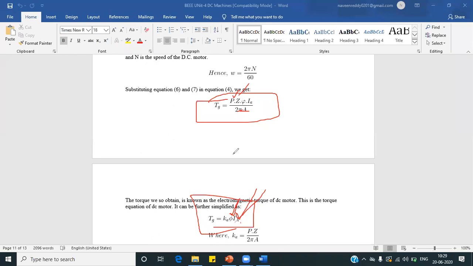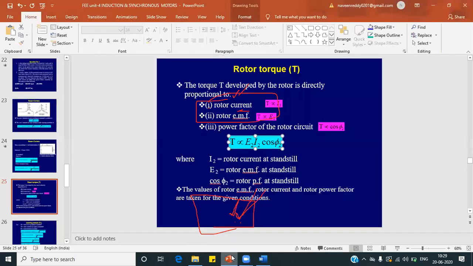Now let's get back to our PPT. See the induction motor torque equation: E2 is proportional to flux, and I2 and cos phi 2 is the extra term which we got over here.